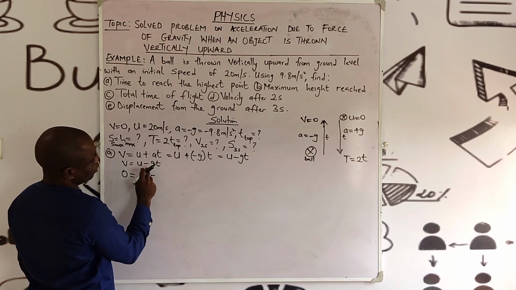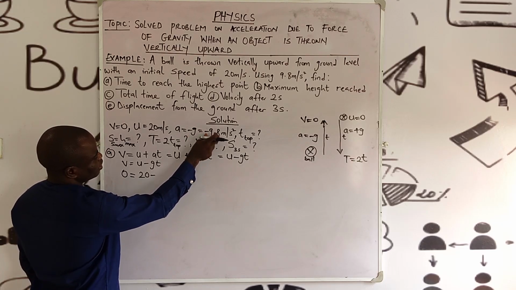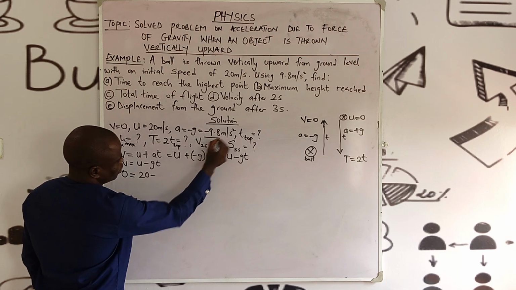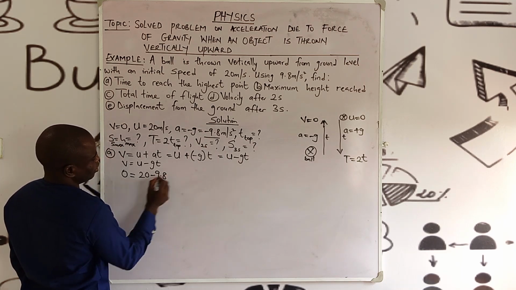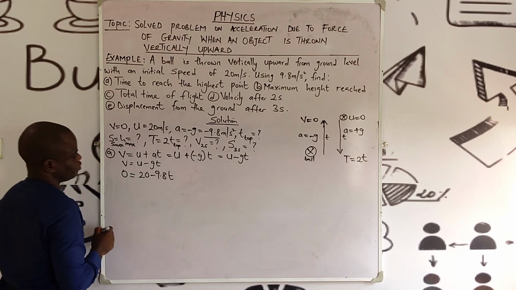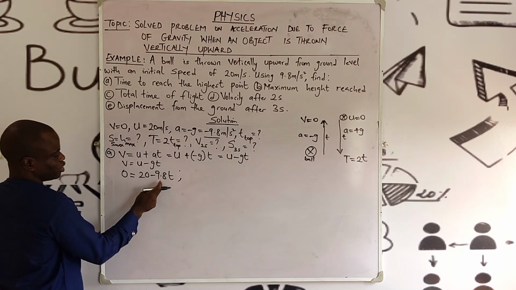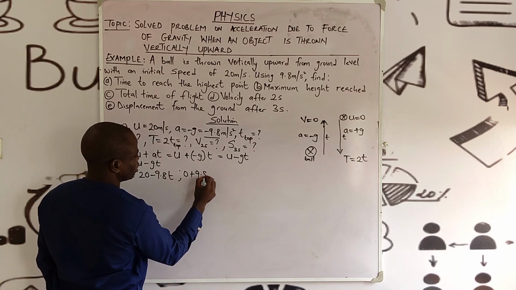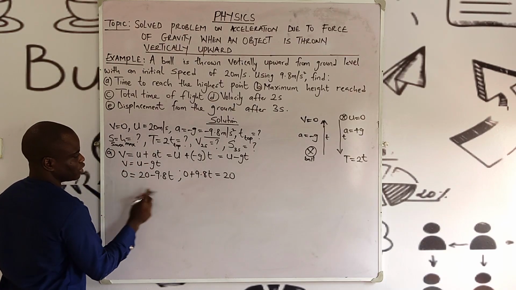Since you have written minus g here, you don't need to write negative again. This one has taken over the minus g. Just put everything here and there. Minus 9.8 t. Take minus 9.8 t across the equal sign. 0 plus 9.8 t equals 20.